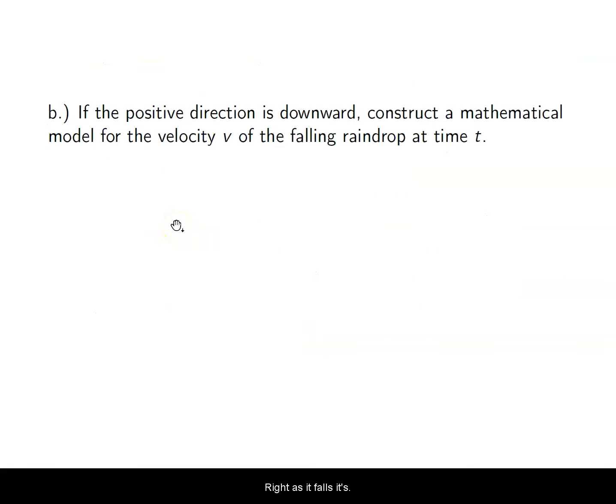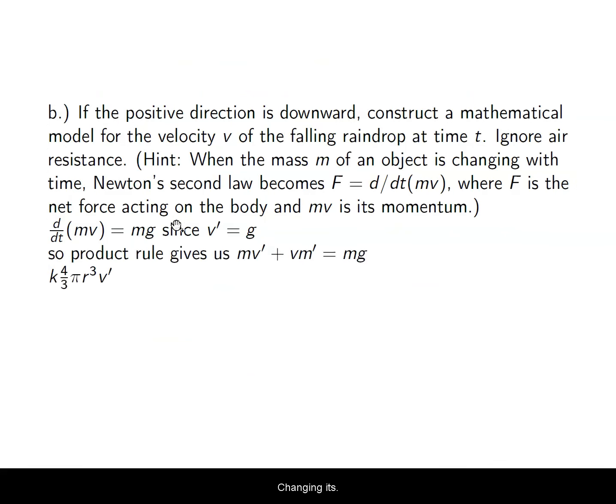As it falls, it's evaporating, so I'm going to have to use the product rule here. If it was constant, I would have mg, mass times gravity. So that's one relationship we can have, and since I know it's not constant, we're going to use the product rule.